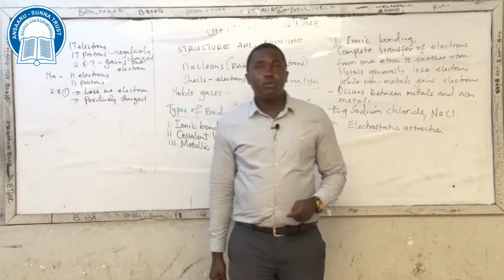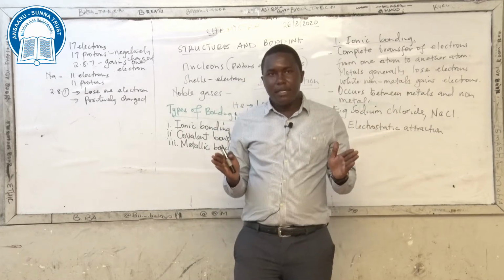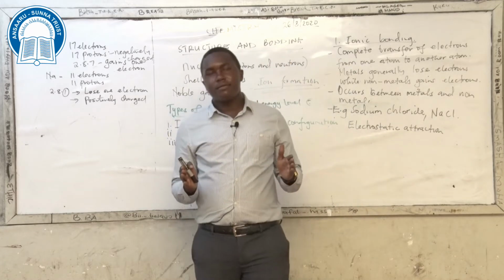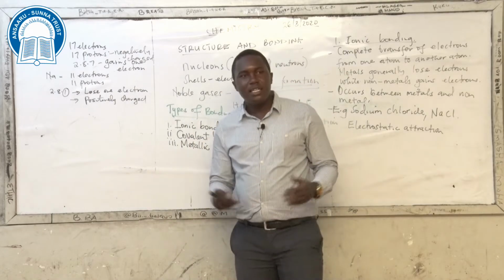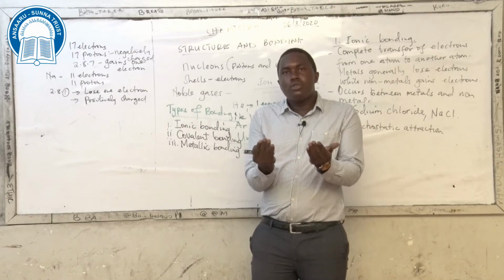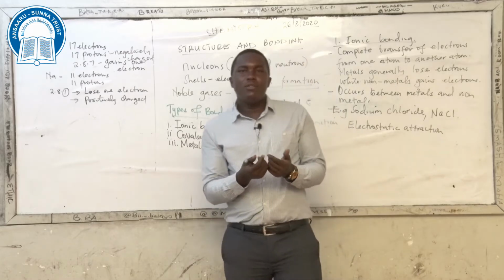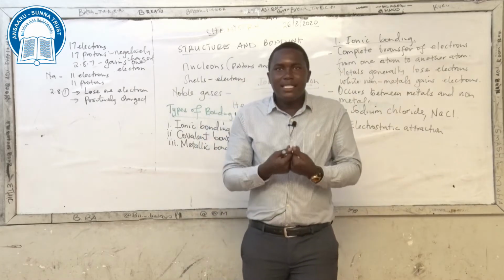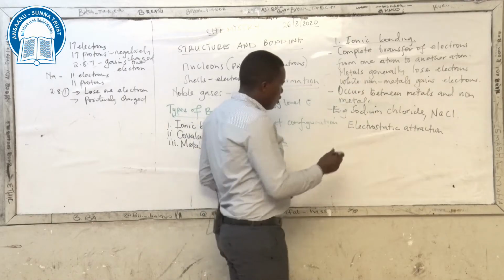This is the basic law of electrostatics, that unlike charges attract, like charges repel. So when you have two ions that are oppositely charged, one positively charged, the other negatively charged, they will attract each other. There will be some mutual attraction between those two atoms, and therefore there will be a bond which is formed. That is the bond that we call ionic bond.